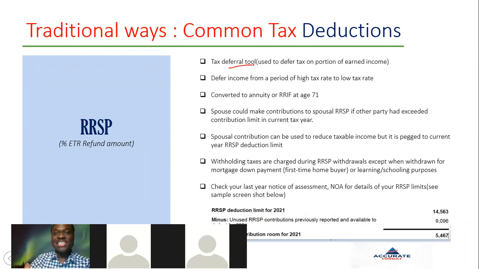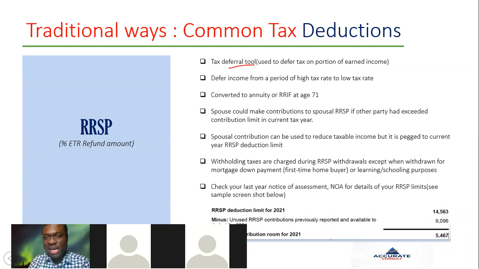Then effectively the tax I'm going to pay when I'm 71 will be lower than the tax I'm going to pay now when I'm working. So it's a tax deferral tool, and it's also a savings tool. The government is encouraging us to save towards retirement.